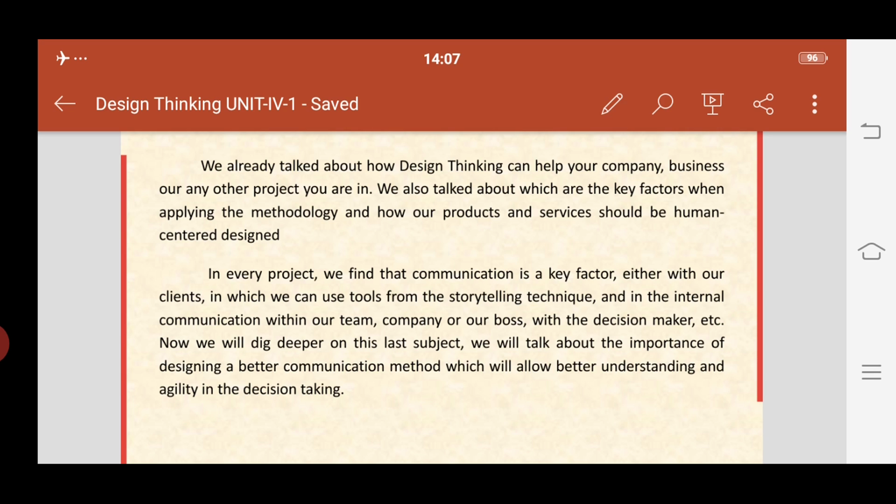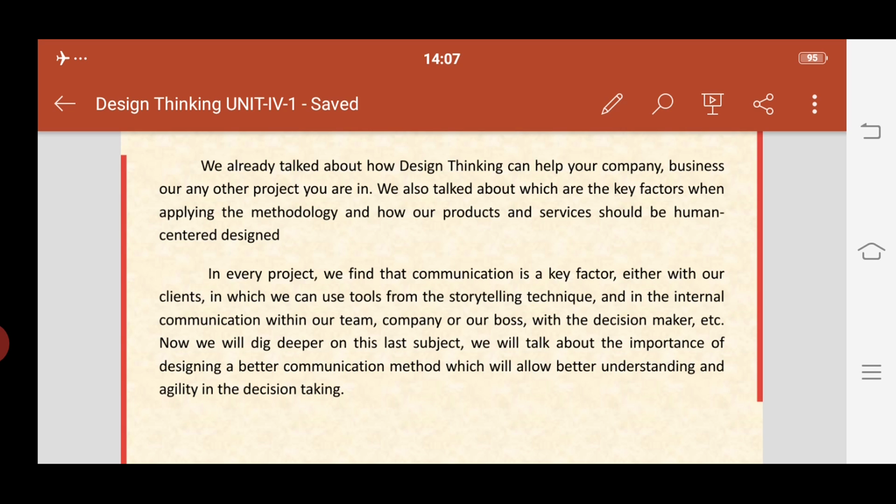We can see that communication skills are a key factor for company and business purposes, as well as in colleges. Students and learners communicate with faculty, and communication plays an essential and vital role.